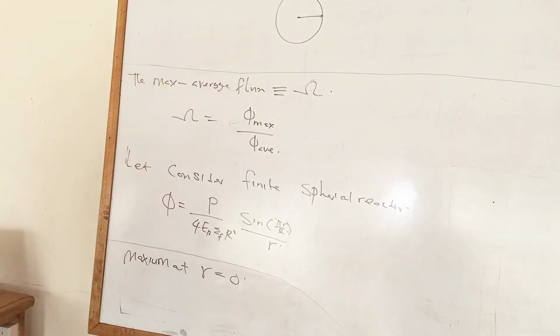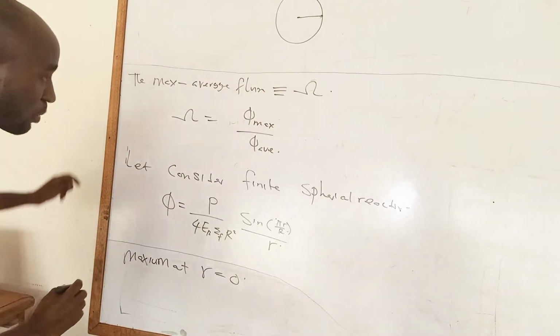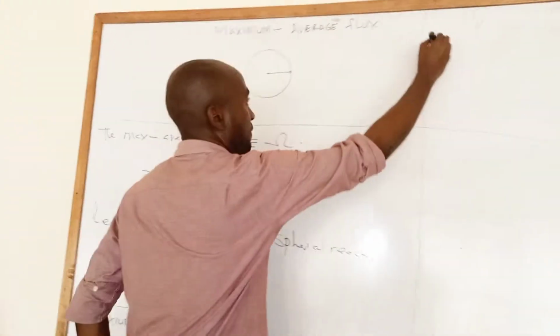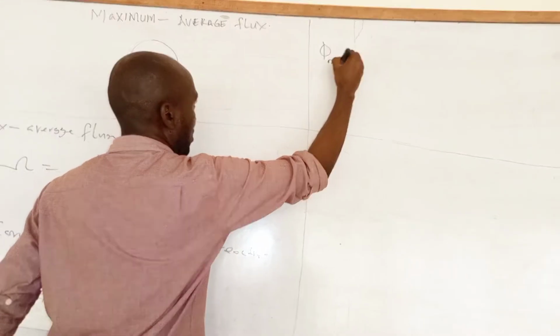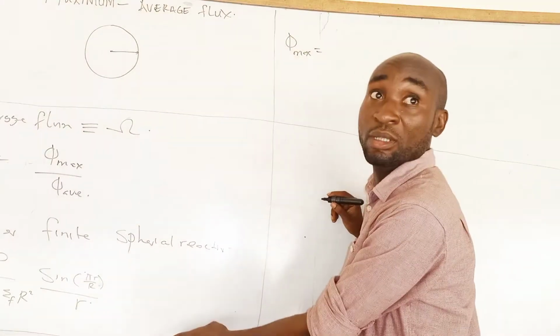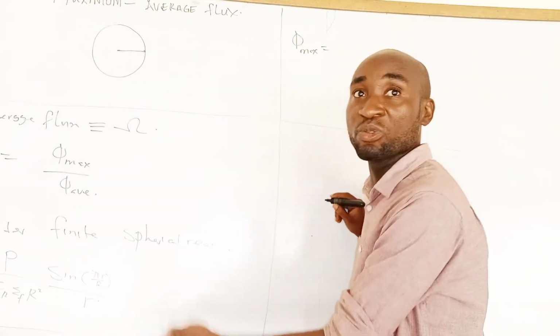So if you want to get the maximum flux now, phi max will just be the limit of this equation as r tends to 0.